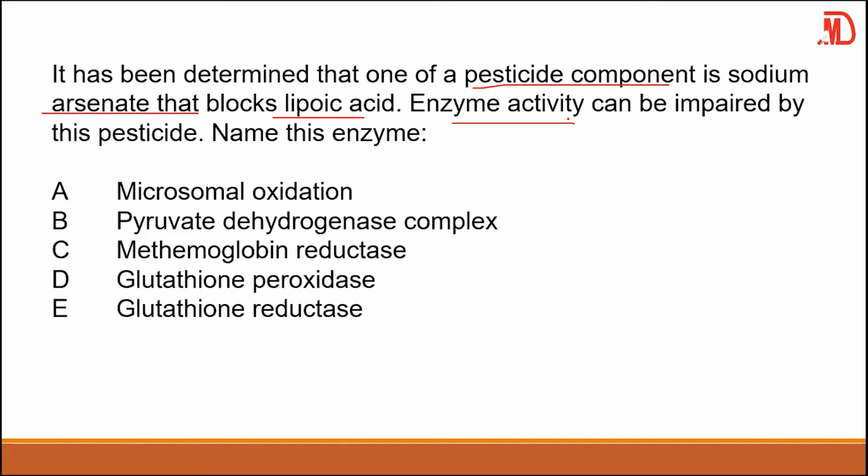So again, if the lipoic acid, which is supposed to be part of E2, is deficient or is being blocked, what it means is that the whole enzyme would be malfunctioned. And that's over here. What comes to our mind is the pyruvate dehydrogenase complex. But actually, the real enzyme is the E2.